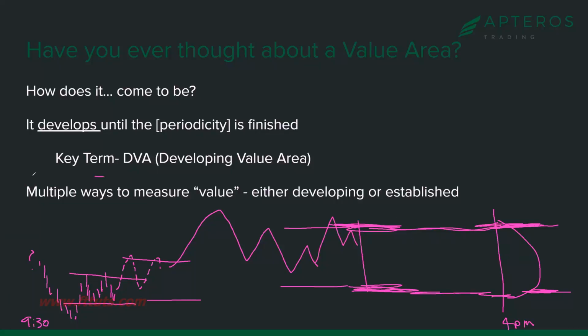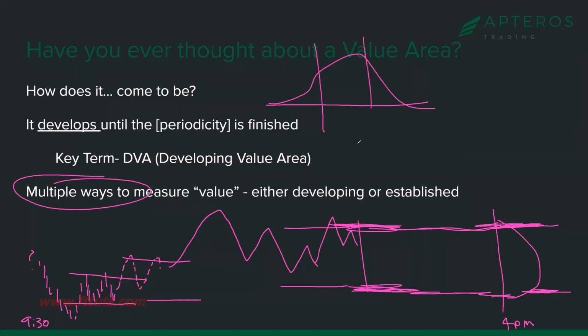Now, there are multiple ways to measure value. I can think of 3, and they're all based around this idea of the distribution and standard deviation or variance from a mean, the point of control, the most traded price. We can do it with market profile. We can do the same thing with volume profile.